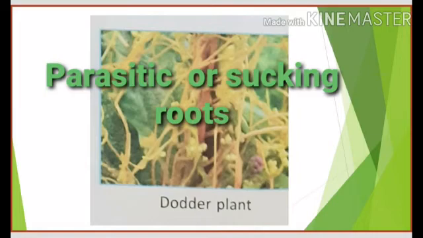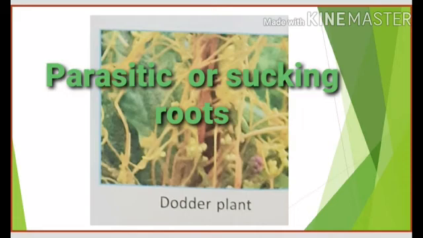And what does this dodder do with the host plant? Dodder penetrates its roots into the stem of that host plant and sucks the water and minerals from that plant, grows itself and harms the host plant. Such types of roots are known as parasitic roots.